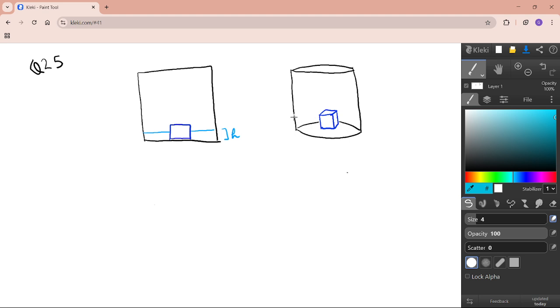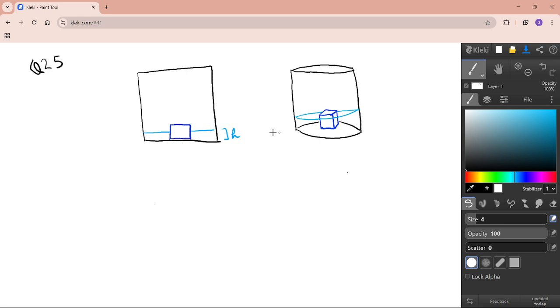Similarly, here, so this is how you see it.